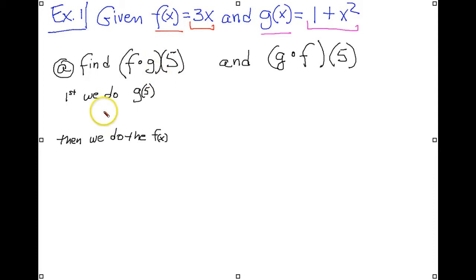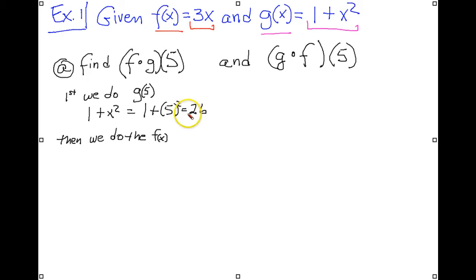So we now have, remember our function of g is this, so it's going to be 1 plus x squared. And we're saying that x is going to be 5. And that's going to give us a 26.